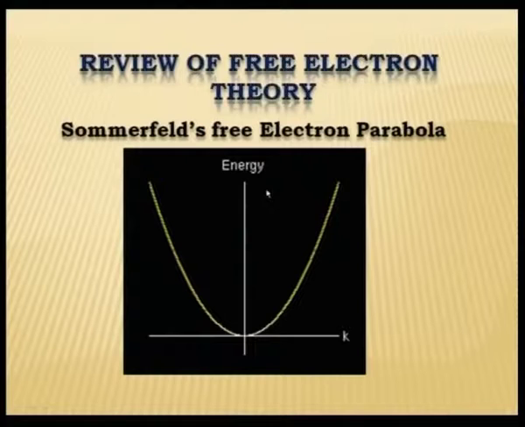Now, if you have an electron here with this k value, you multiply this k by h bar, that is the momentum. P is equal to h bar k, that is nothing but the de Broglie relation, right?